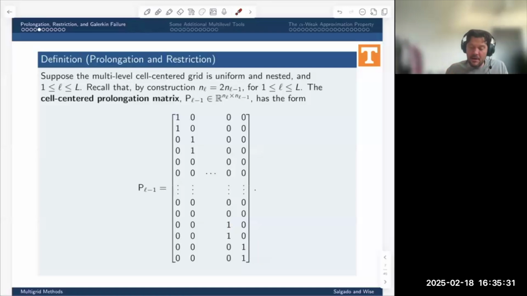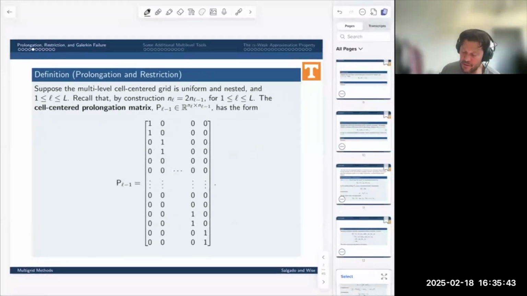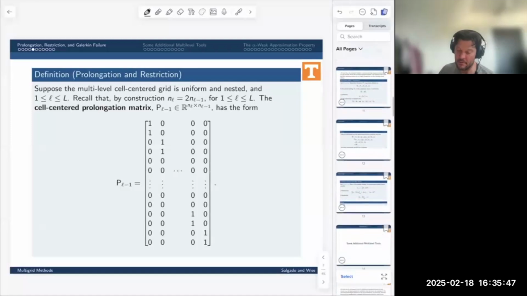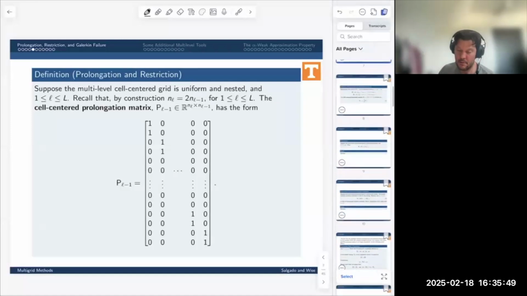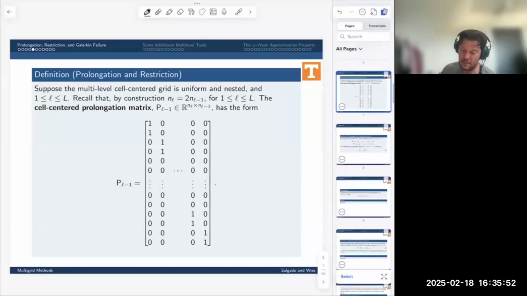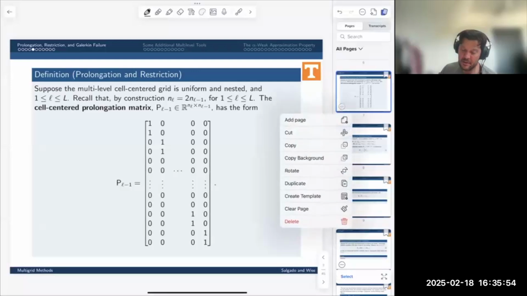So let's think about how this guy applies to a vector. Let me do a quick example here because I think that could be useful. So let's add a page here.